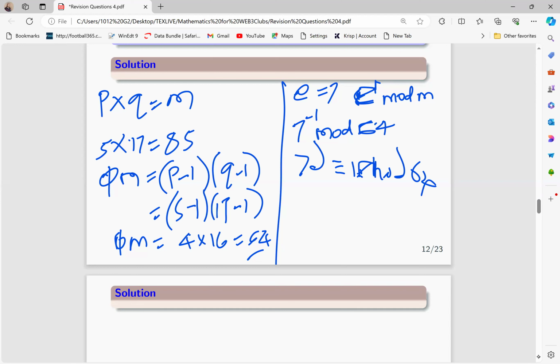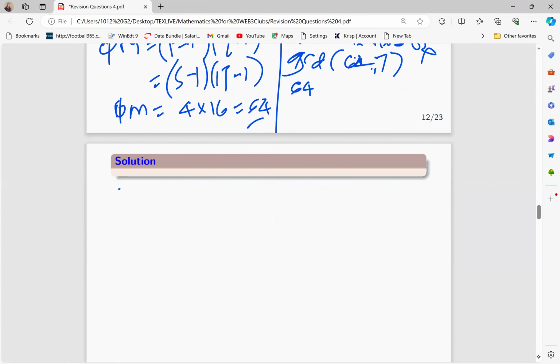So you find D. After that, we check the GCD of 64 and 7. The GCD is 1.